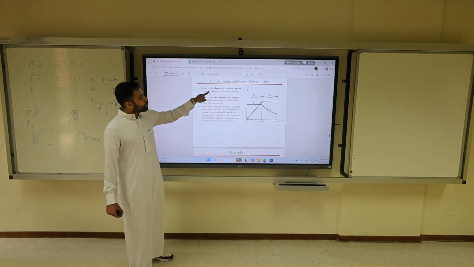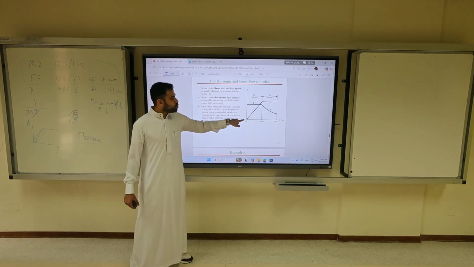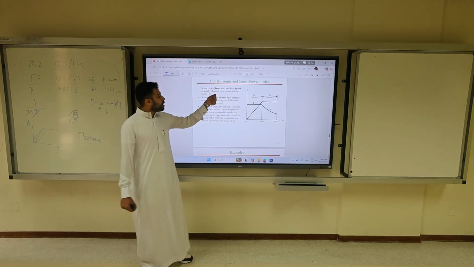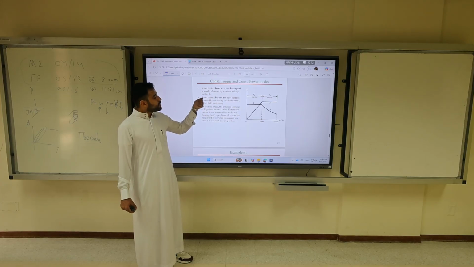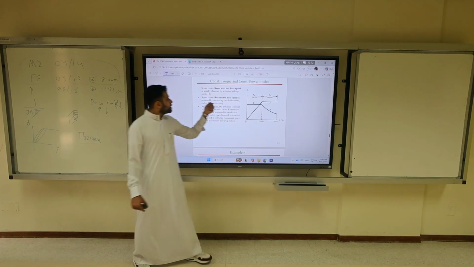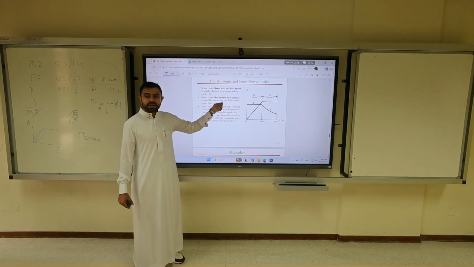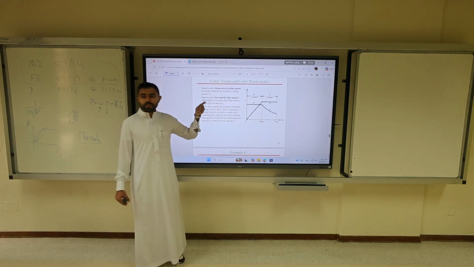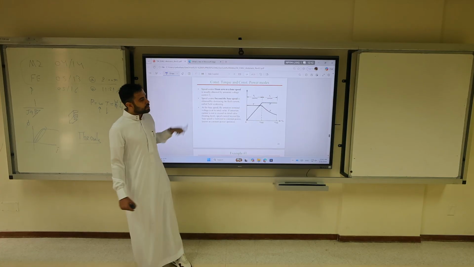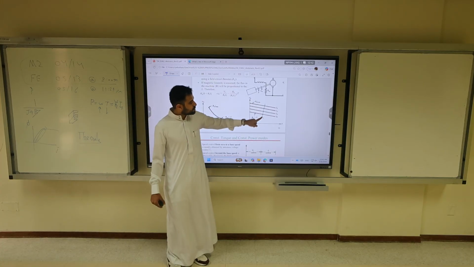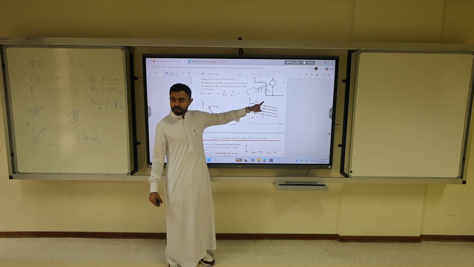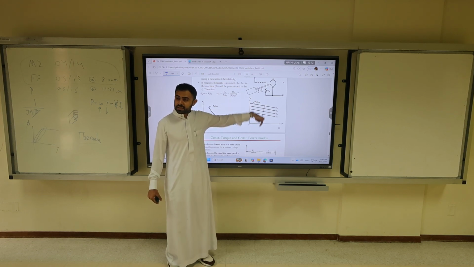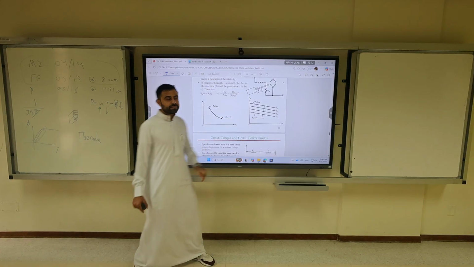So speed control from 0 to base speed is usually achieved by armature voltage control, VT. Speed control beyond the base speed is obtained by decreasing the field current. What will happen if you decrease the field current? Increase the speed. What will happen if you increase the field current? Decrease the speed.